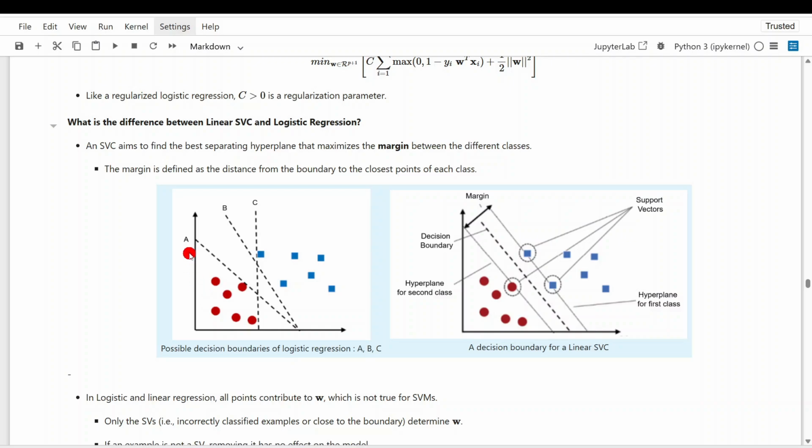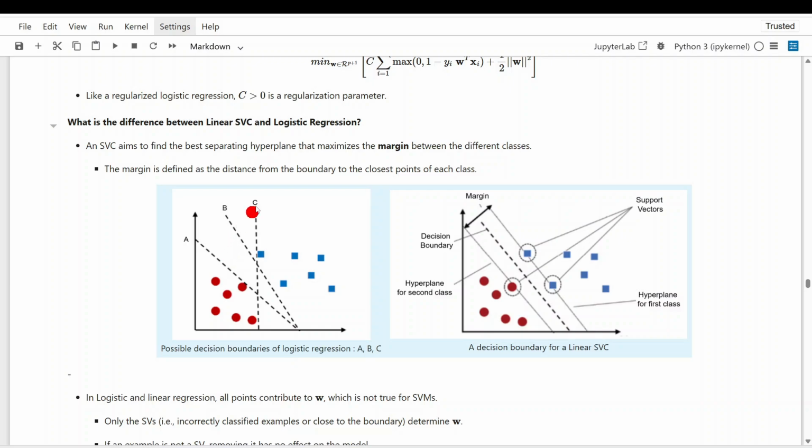Therefore, if we consider decision boundary A, and we have a certain point somewhere around here, this could be classified as blue. But this point is far from blue, and it could be near to the red points.